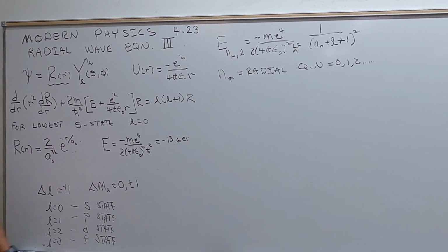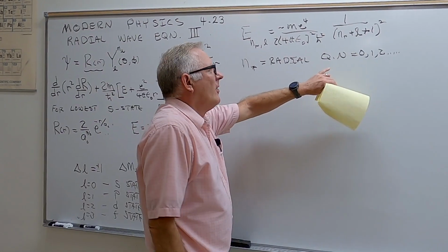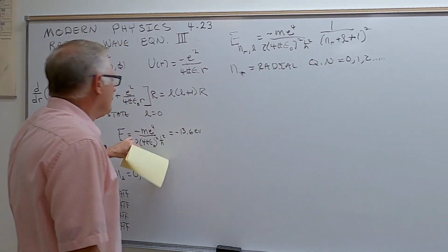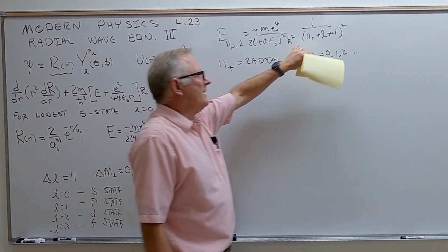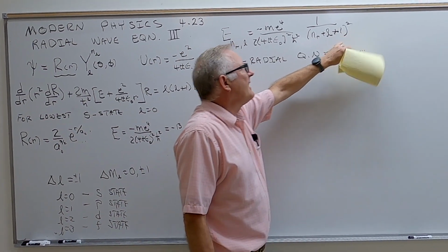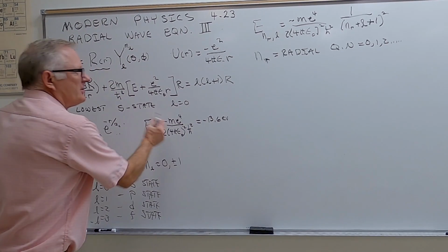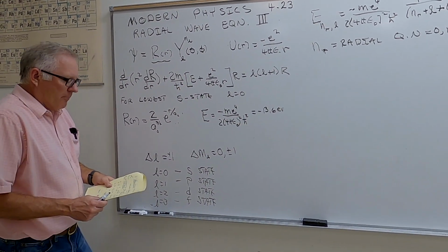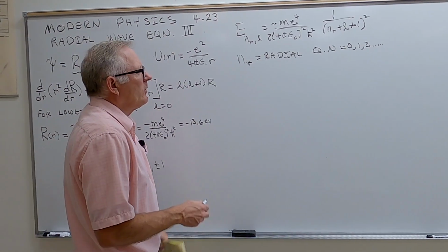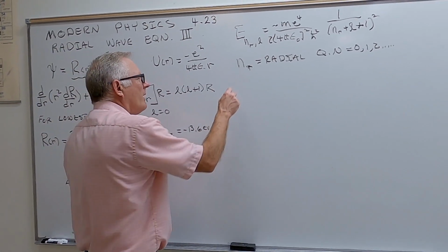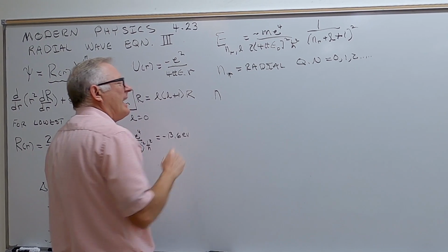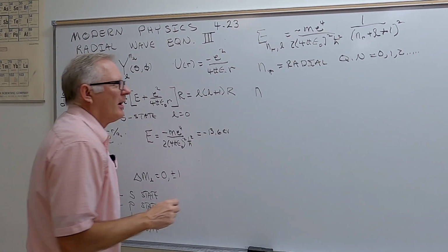Okay, and you'll notice for our first case, the case that was over here, n sub r was 0. L was 0, and so we just had the 1 there. That's why we ended up with just this right here. But we're going to do something else. We don't really want to work with this n sub r quantum number. What I'm going to do is define just n, not n sub r.